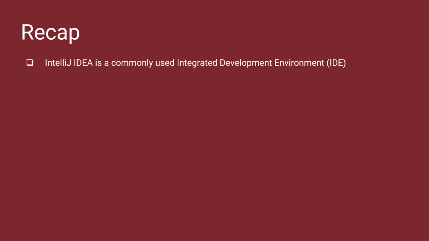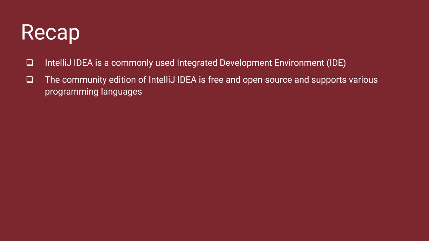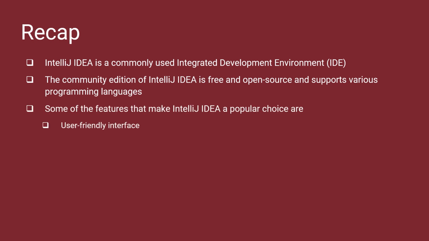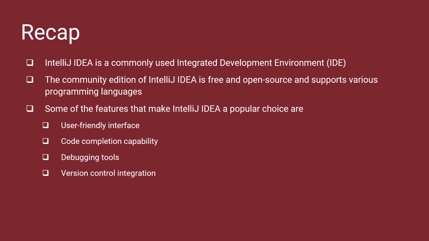In this video, you learned that IntelliJ IDEA is a commonly used integrated development environment, IDE. The Community Edition of IntelliJ IDEA is free and open source and supports various programming languages. Some of the features that make IntelliJ IDEA a popular choice are user-friendly interface, code completion capability, debugging tools, version control integration, refactoring tools, built-in terminal, plug-in support.